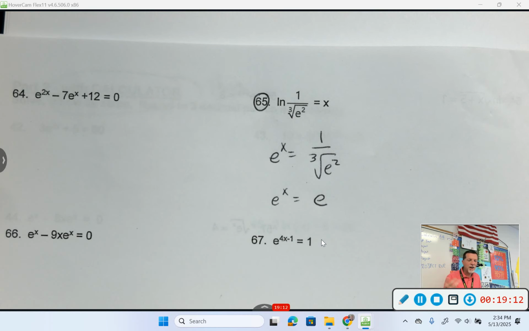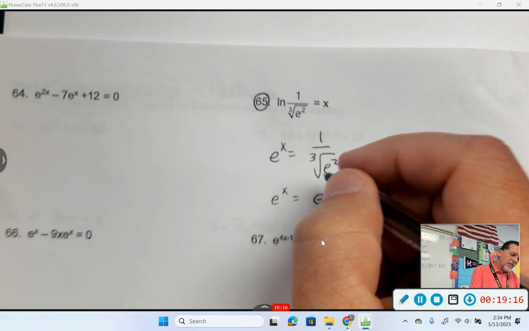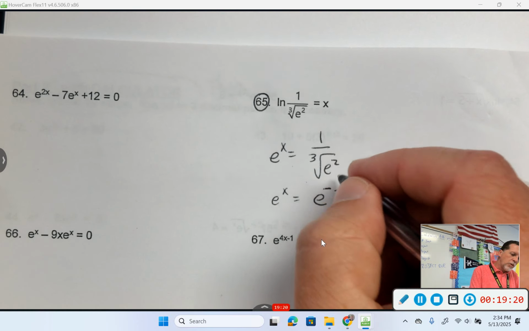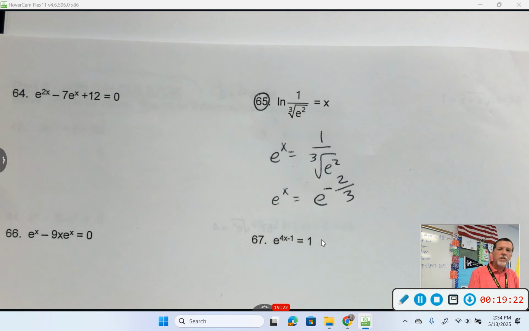So how do I accomplish all of those things? Flipped is negative, 2 is the power, 3 is the root. Oh, which means x is just negative 2/3.